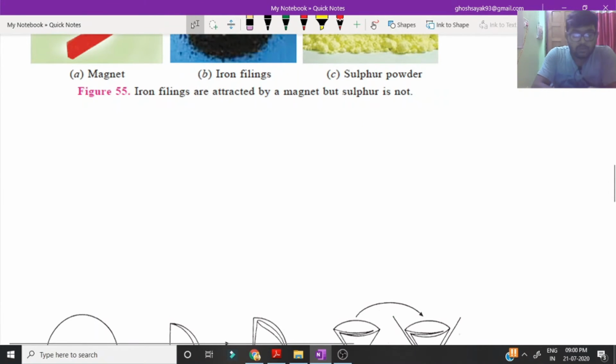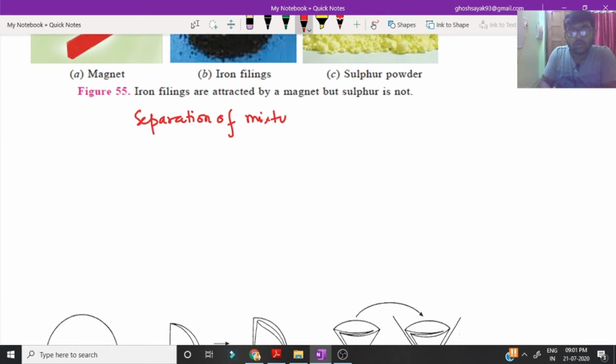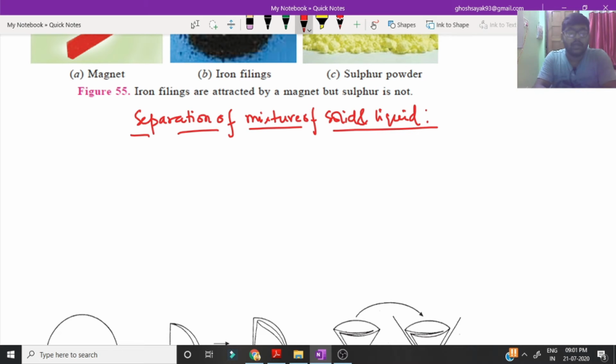So now we will have to learn how we can separate a mixture of a solid and a liquid, right? Separation of a mixture of solid and liquid. There are so many types of mixtures of solid and liquid.